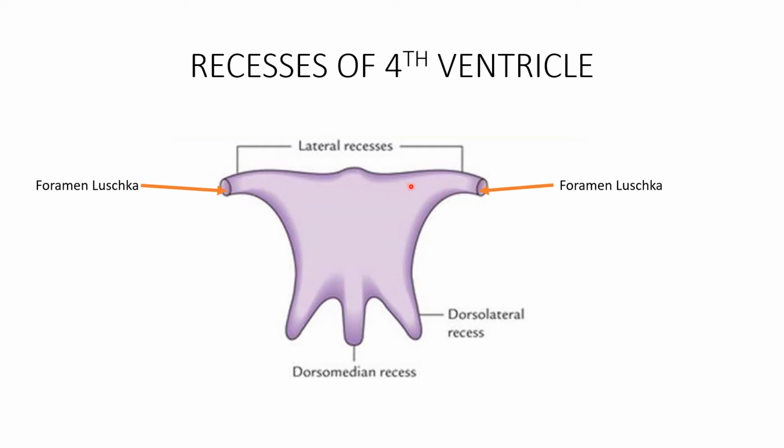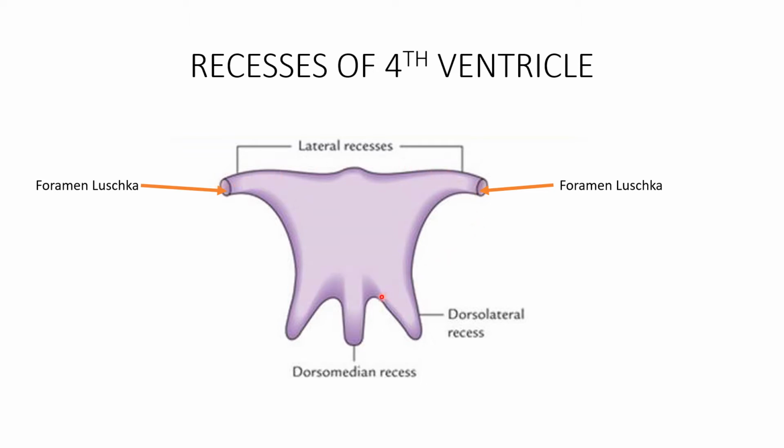One on each side extends laterally in the interval between the inferior cerebellar peduncle ventrally and the peduncle of the flocculus dorsally, and the lateral extremity of the recess reaches up to the flocculus and opens into the subarachnoid space of the cerebellopontine angle on each side as the lateral aperture. Here you can see this is the lateral aperture, called the foramen of Luschka, opening on each side into the subarachnoid space.